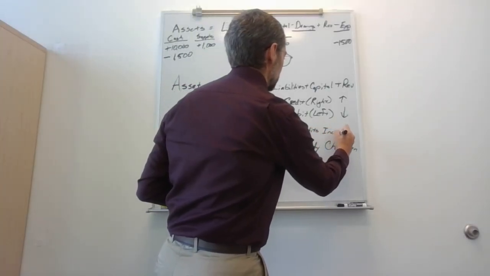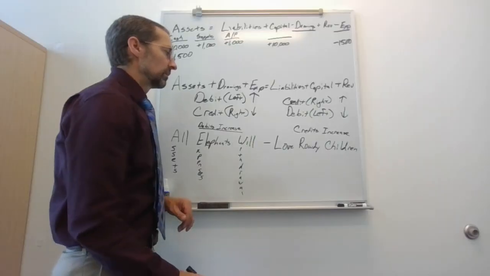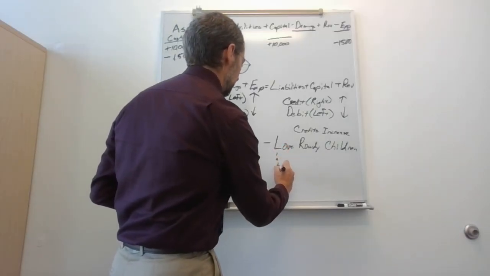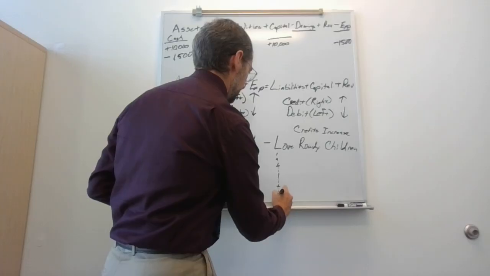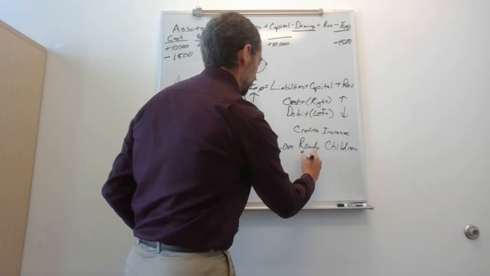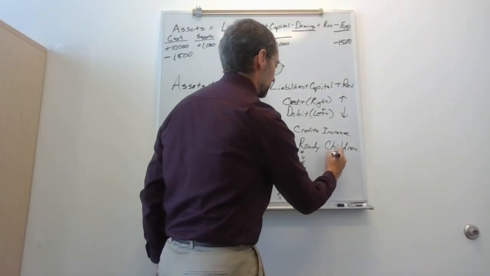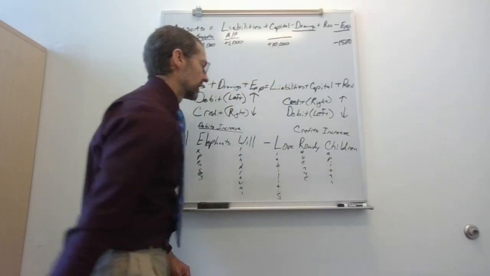So if I'm saying my liabilities are going up, I would put it on the credit side of the equation. So L is liabilities. R is revenue. And C is capital.